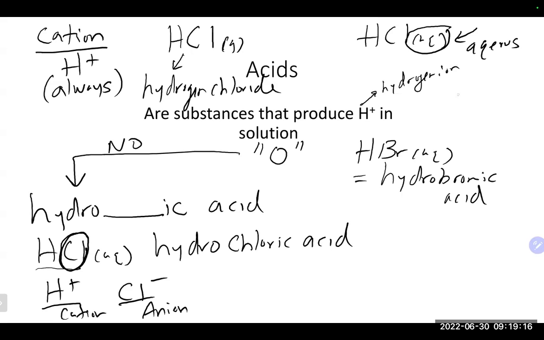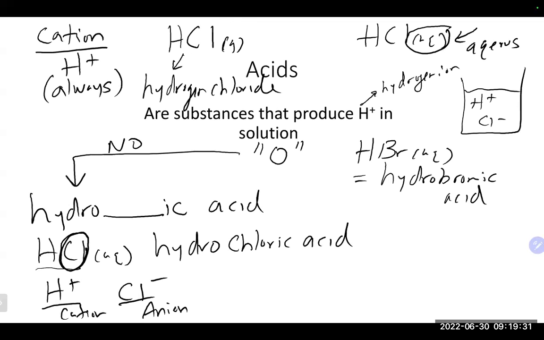And in solution, what happens to that HCl is it breaks apart really into ions that are floating around, and it produces H+ that's floating around, which is why it's an acid, and also has Cl- floating around. So it is the aqueous here that we typically do right next to formulas for acids to tell us that it is an acid, and this would then become hydrochloric acid like we did down here.